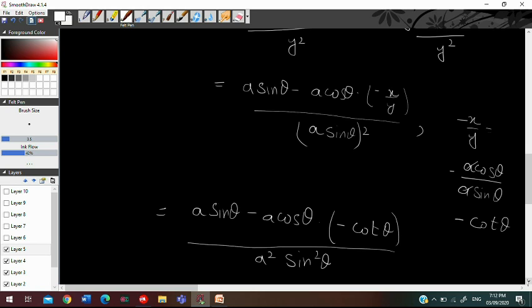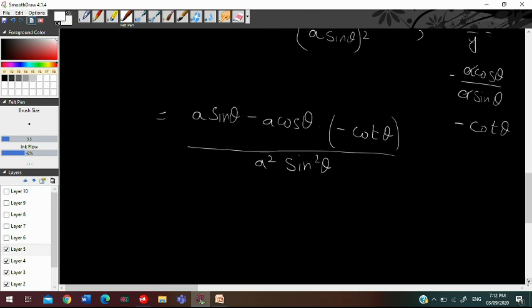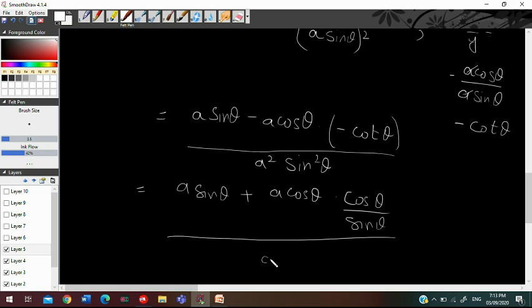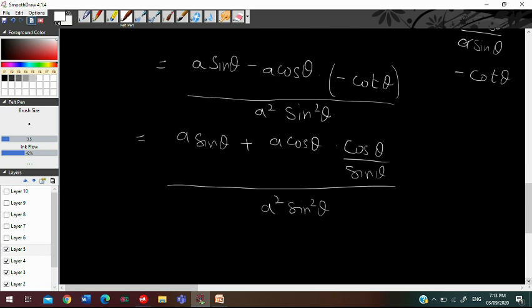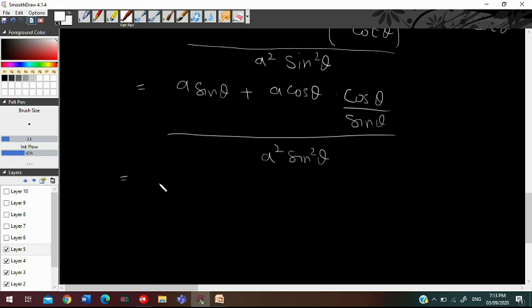Now a few terms can be cancelled out, like if I write (a sine theta plus a cos theta into cos theta divided by sin theta) whole divided by a square sine square theta, and when you take the LCM, (a sine square theta plus a cos square theta) whole divided by a square sine cube theta.